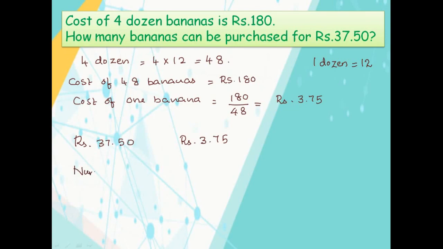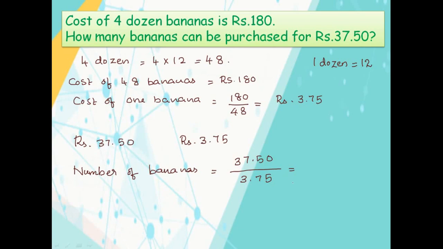Number of bananas is equal to, I have 37.50 rupees, the cost of 1 banana is 3.75. So, to find the number of bananas, we need to divide the amount I have by the cost of 1 banana.